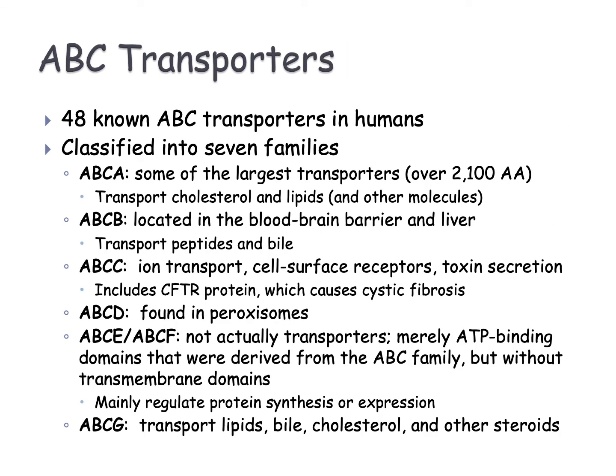And again, there are a number of these types of transporters in humans, 48 known transporters. We can once again divide them into different families based on their amino acid sequence. And this is a list of some of those families and the differences between them, which I don't think are real important.